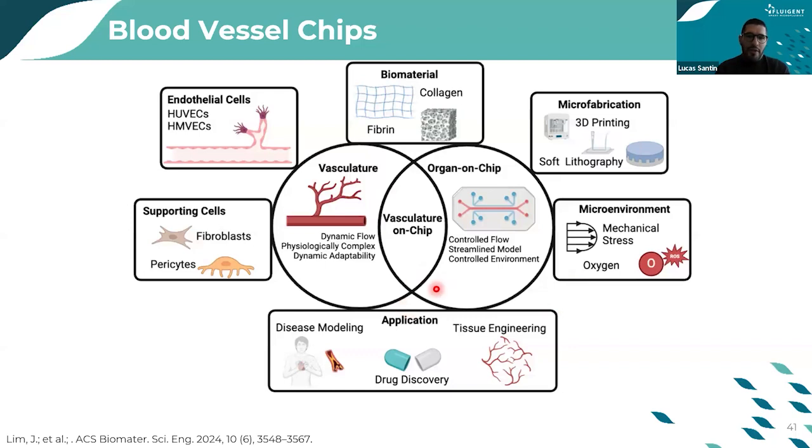To develop a blood vessel on chip, and more generally an organ-on-chip model, several parameters must be taken into account, among which there are the biological parameters, such as the cell line that you want to use, and also the culture medium that you want to use, of course. That will depend on the cell line.